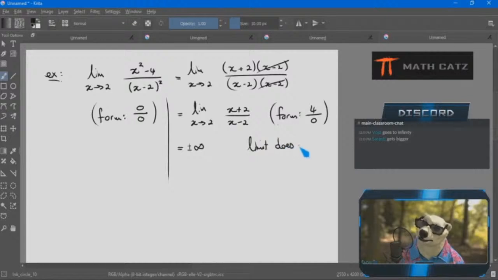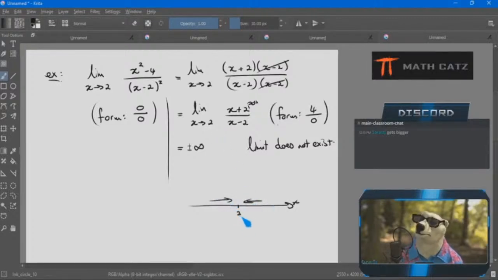Limit does not exist. Because if I look at this 4 is always going to be positive, right? This 4 is always going to be positive here. But as I am interested in the x equal 2 position, I'm coming towards 2 from either side. I always have a window around 2.